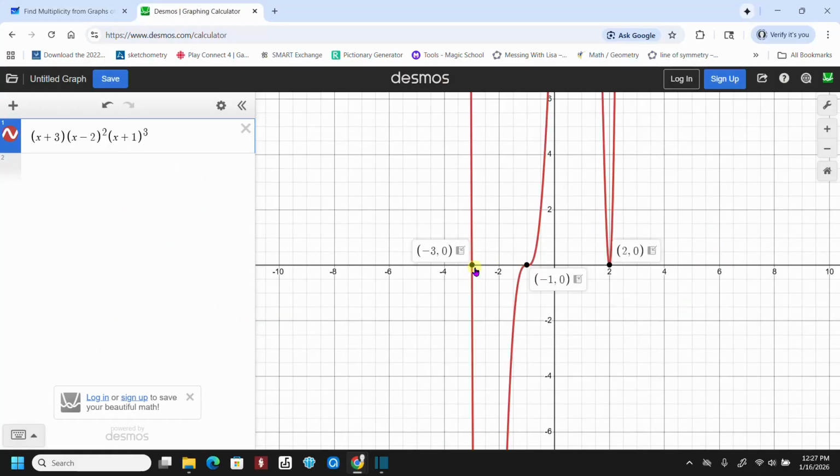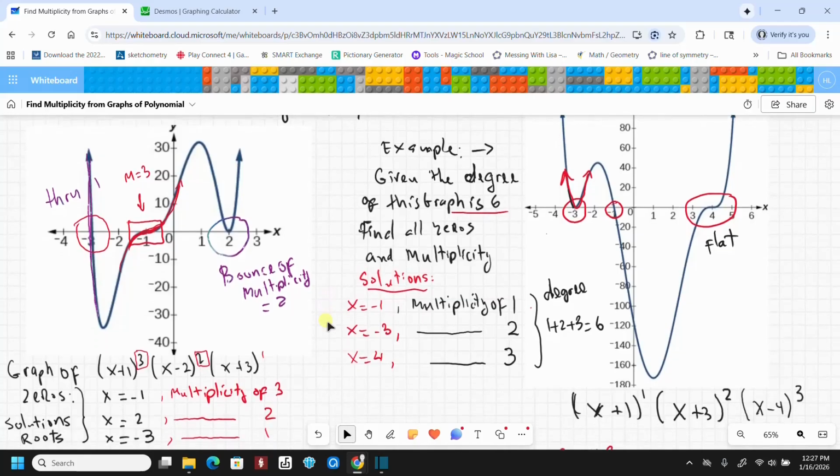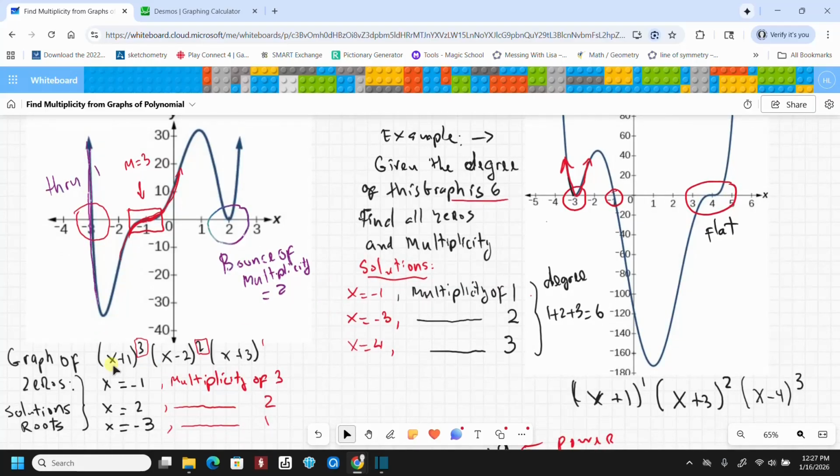As you can see, there are 3 x-intercepts at -3, at -1, and at 2. So I'm going to cut and paste to this screen. To find the zero, we can simply solve each of the factors from the given function by setting each of them equal to 0.